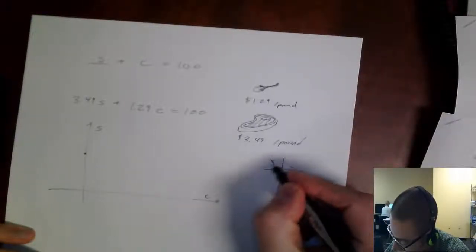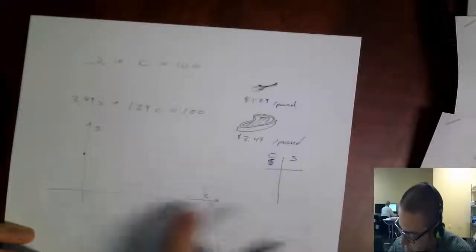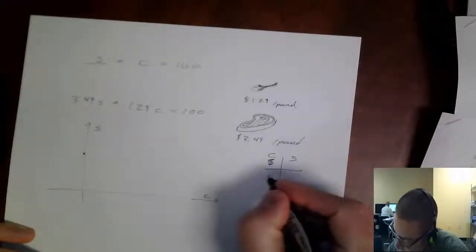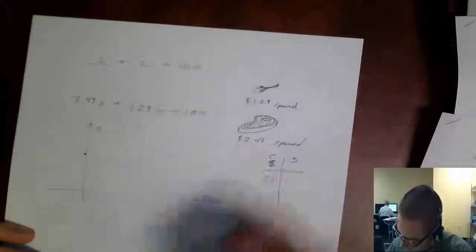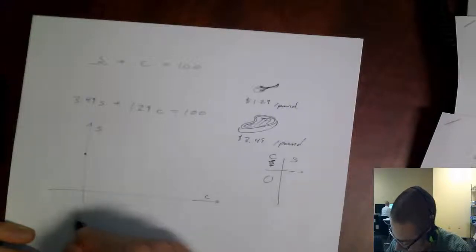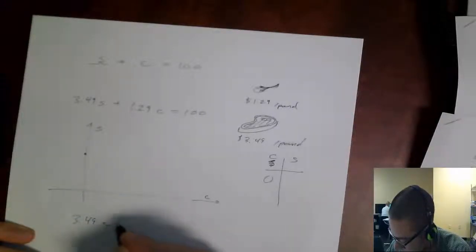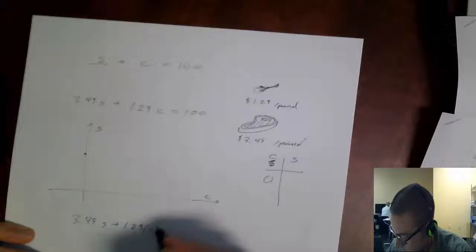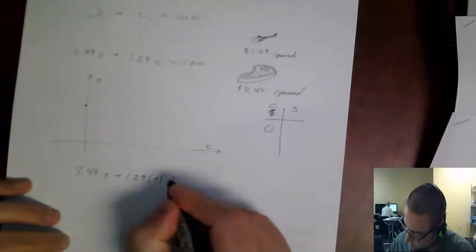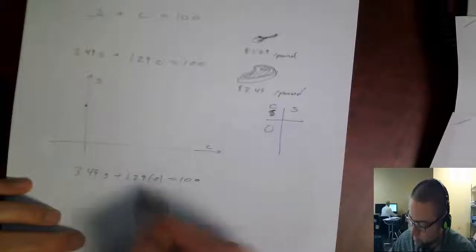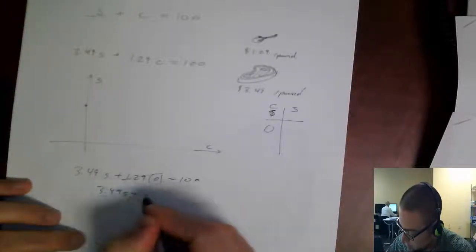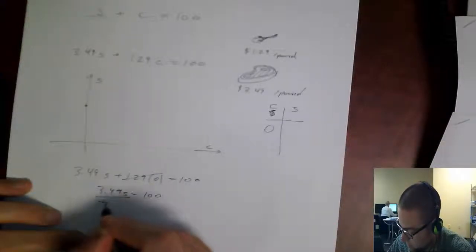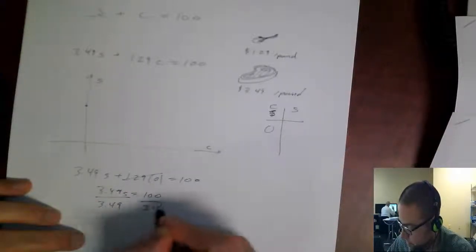I want to do C and S because C is kind of my X. So when C is 0, 3.49S plus 1.29 times 0 equals 100. And anything times 0 is 0, so it goes away. So I get 3.49S equals 100, and I divide both sides by 3.49.